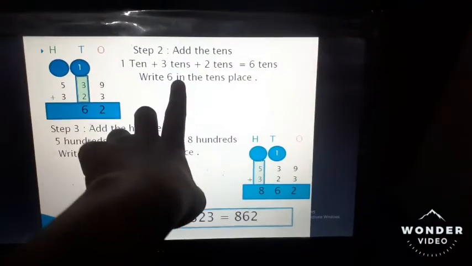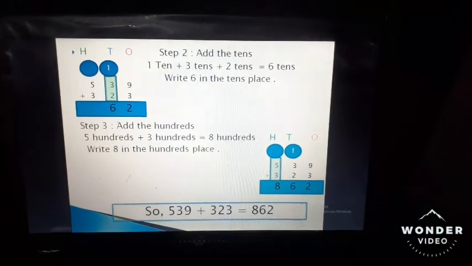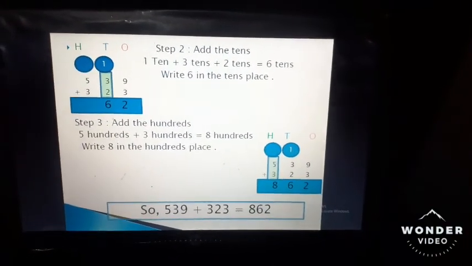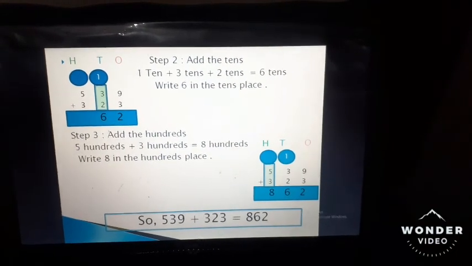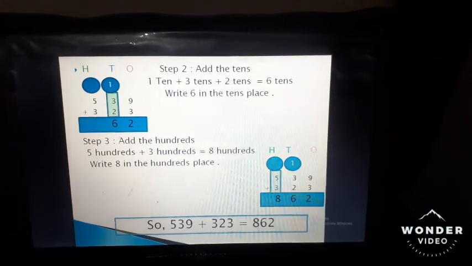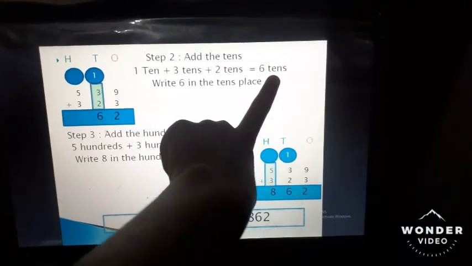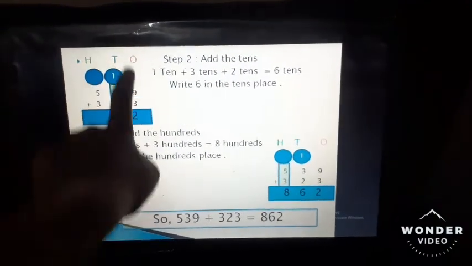Now in this 4 I will add 2 more. So 4 will be in my head and for next 2 I will open 2 fingers. So 4 plus 2, after 4 I will count on 2 fingers, that is 5 and 6. So my answer is 6. I will write 6 in tens place.